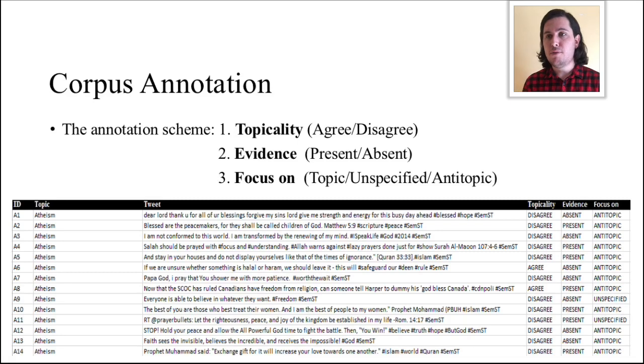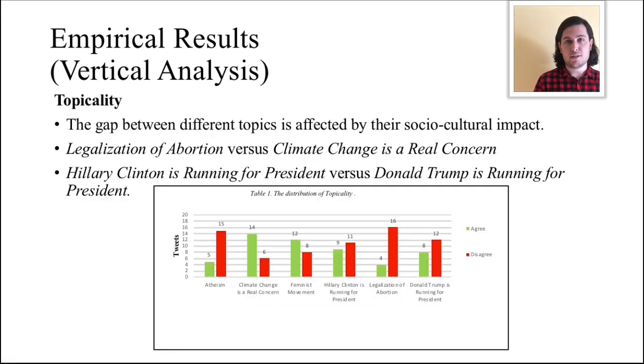Can someone tell Harper to dump his God bless Canada?" So the tweeter is in agreement with the topic. For atheism, the evidence presented is citing others' speech, others' utterance, and the focus is on the anti-topic rather than on the topic.